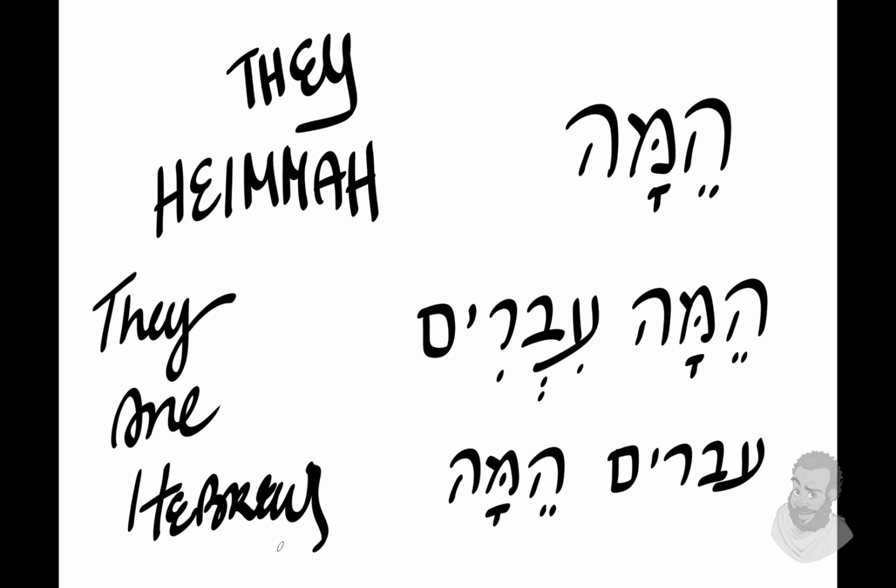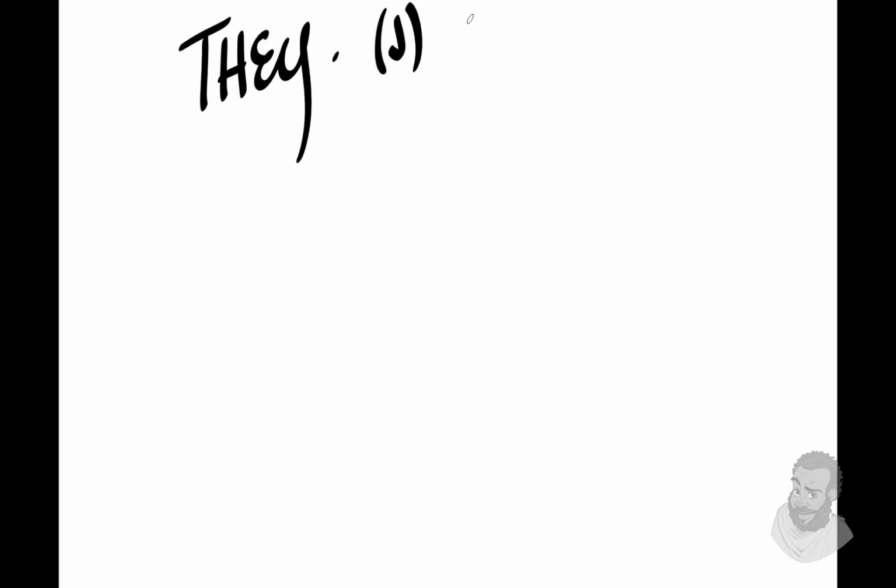Okay, so they are Hebrews, or Hebrews are they. Let's move on to the next. On to female: they. So neqeva and rabboth, not rabbim, but rabboth. Hin, hin.